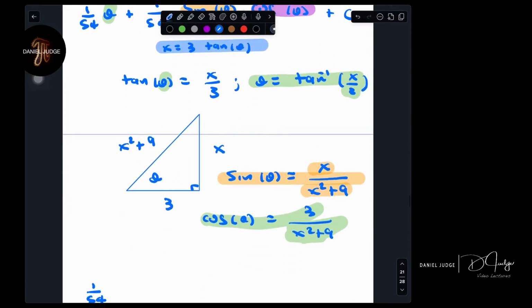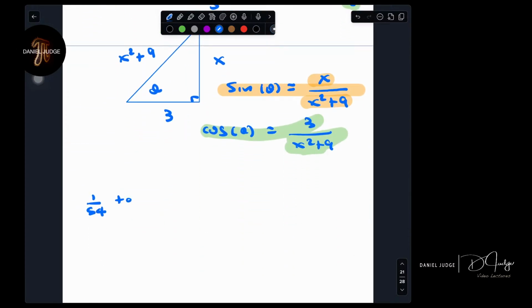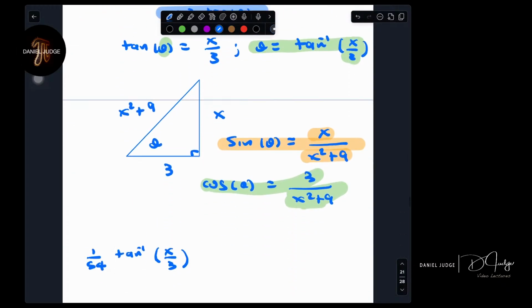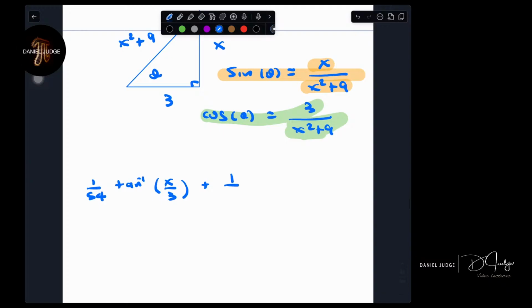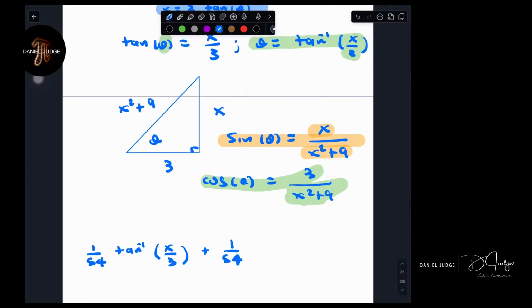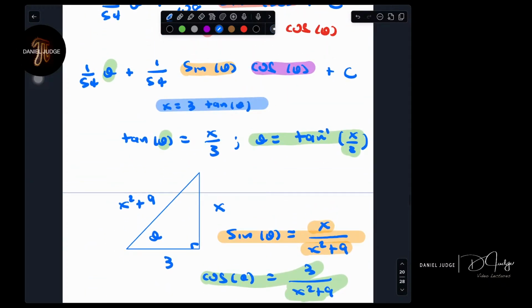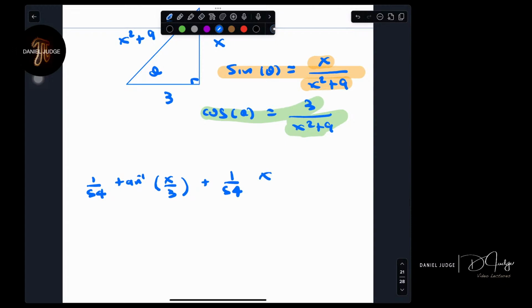Theta was the inverse tangent of x over 3, plus 1 over 54 times sine, which is x over the square root of x squared plus 9, times cosine, which will be 3 over the square root of x squared plus 9, plus c.